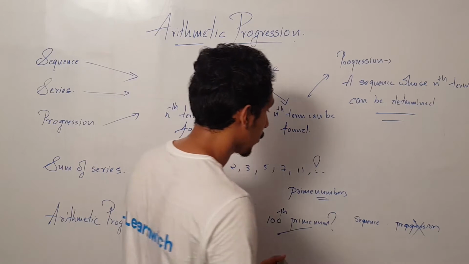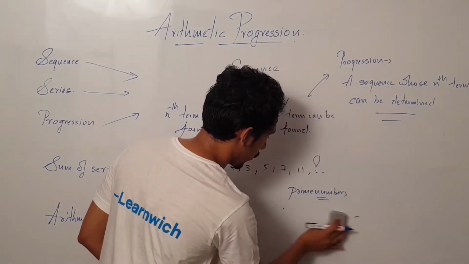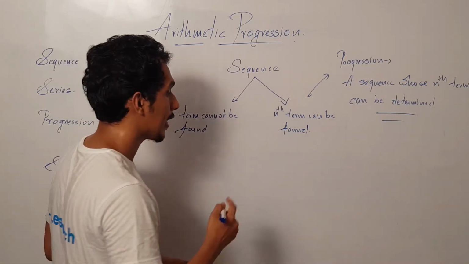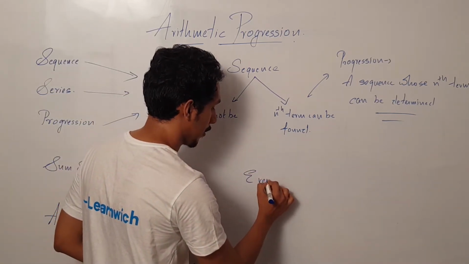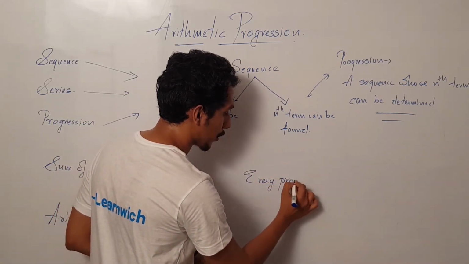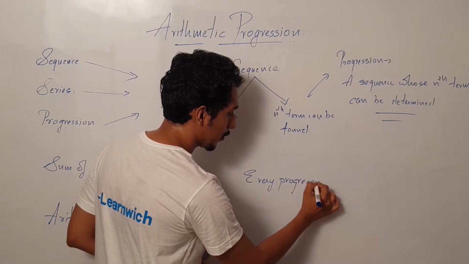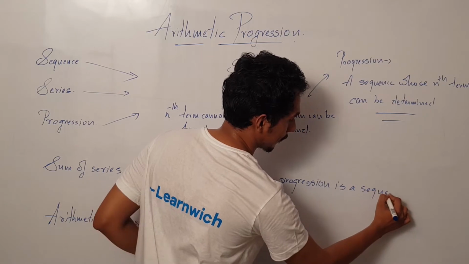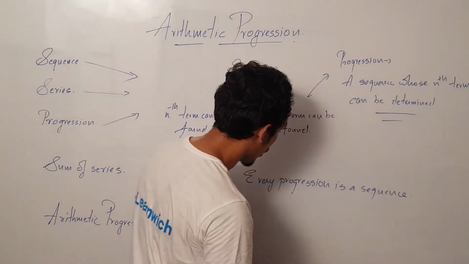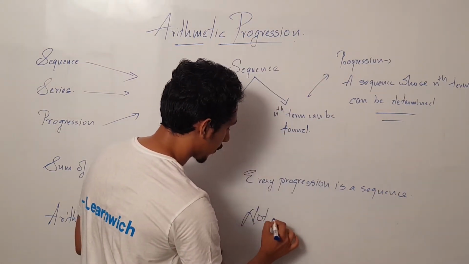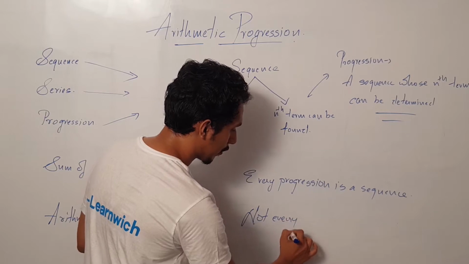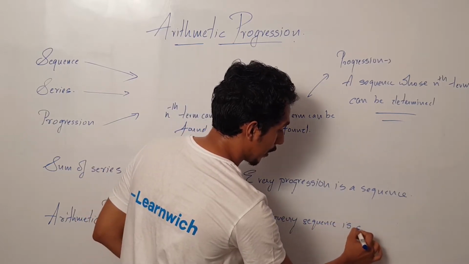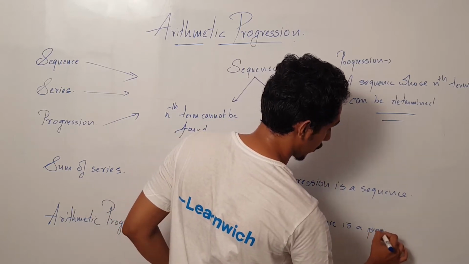Here's another thing for you to note, that with this explanation you will be able to figure out by now that every progression is a sequence. All right, but not every sequence is a progression.